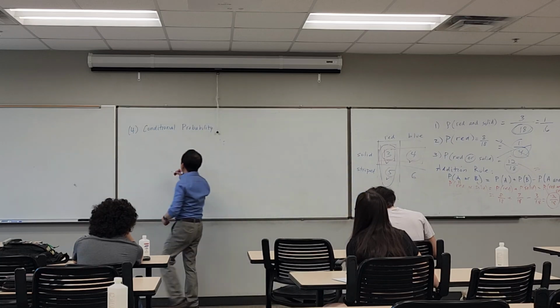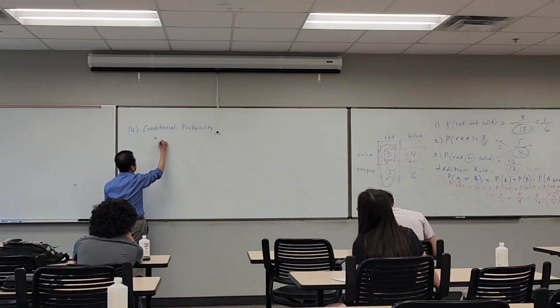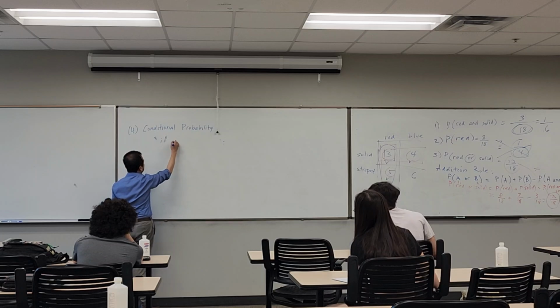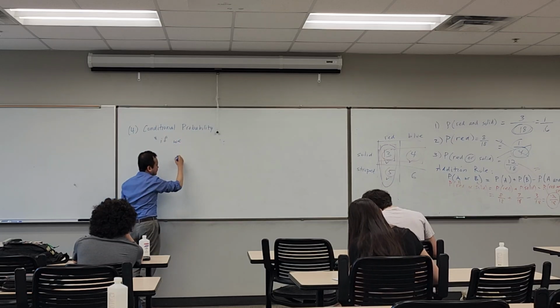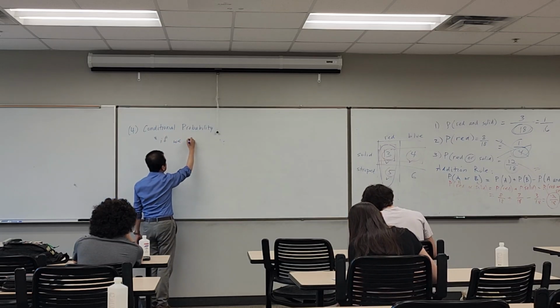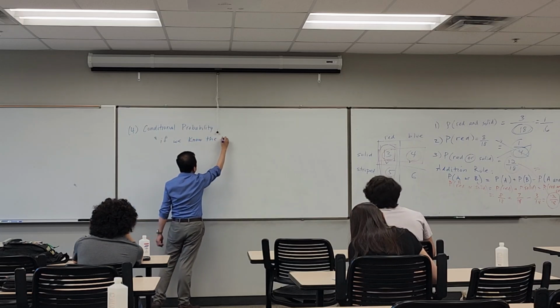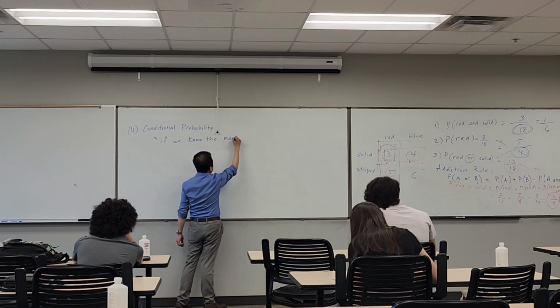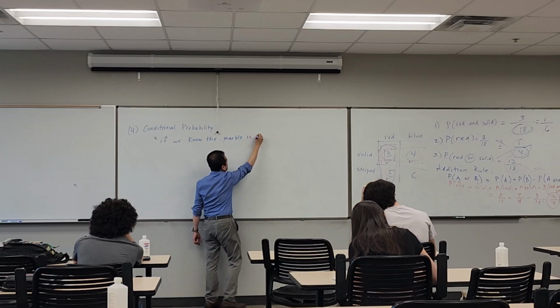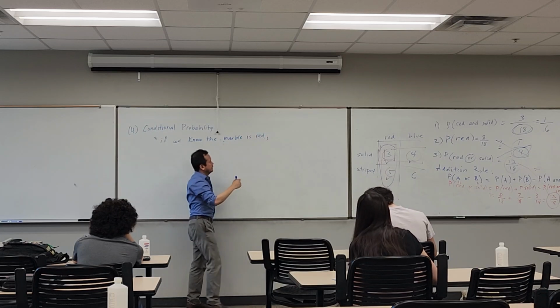So, in other words, if we know that the marble's red, what's the probability that it's solid?